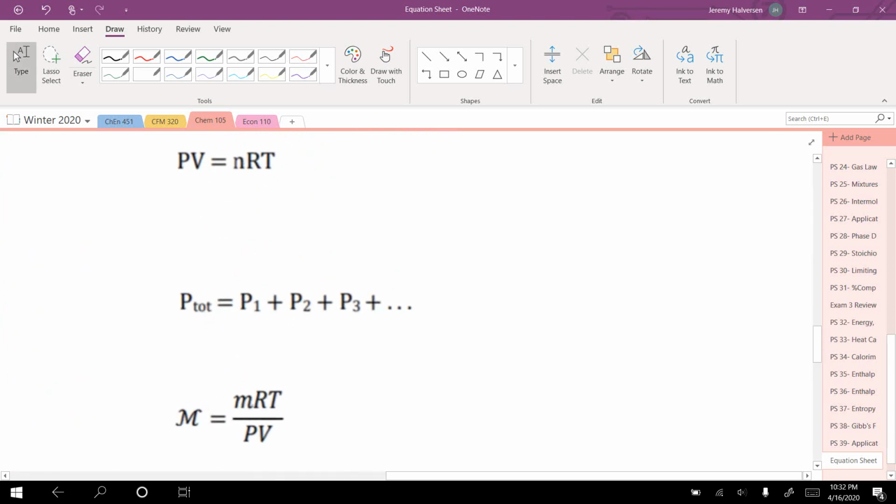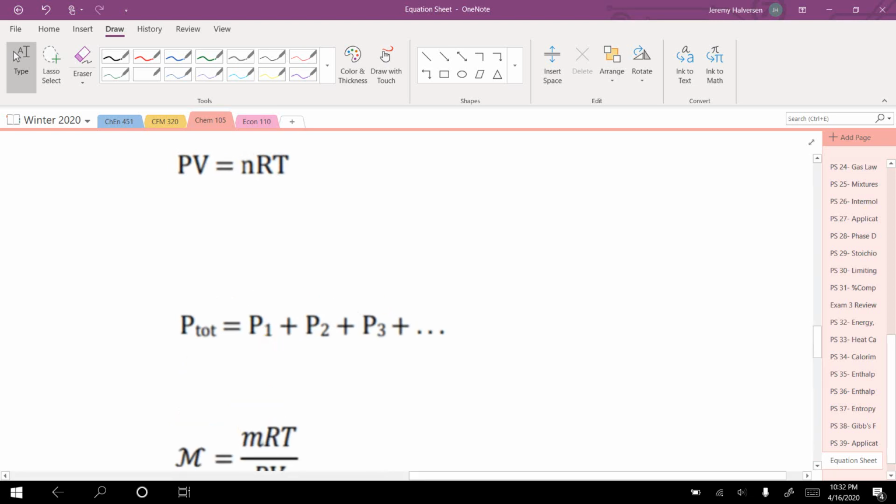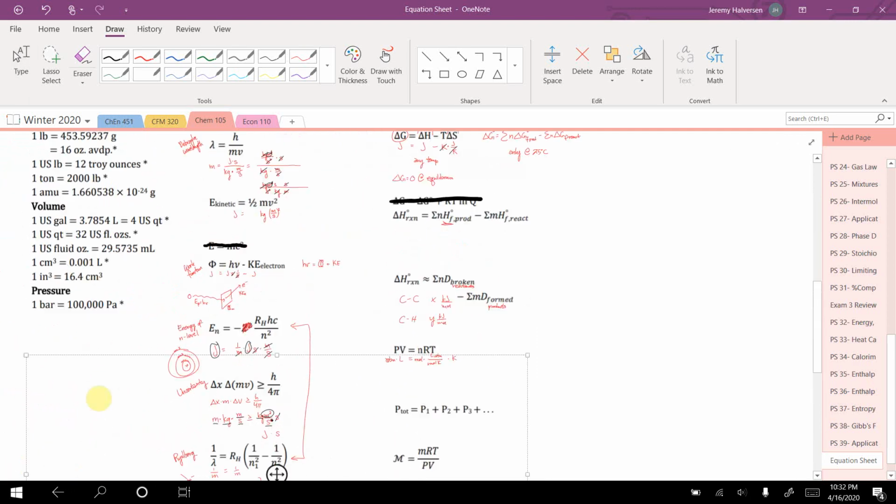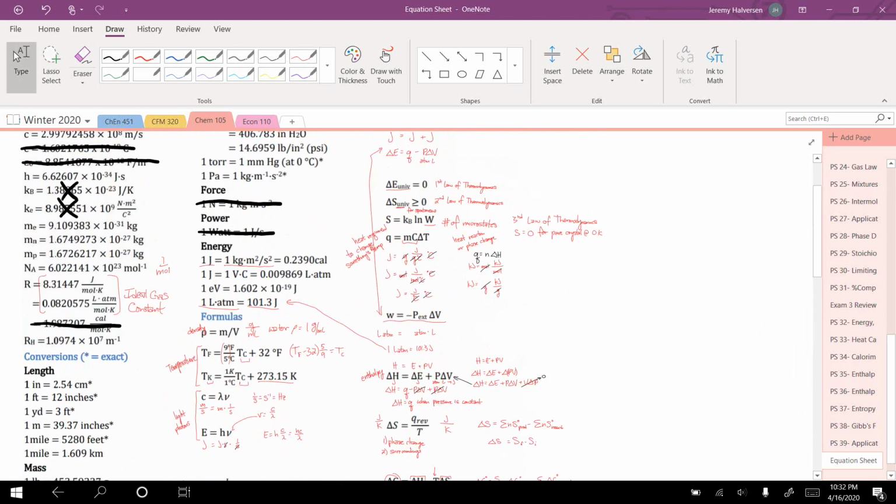That brings us to gases. So this is the ideal gas law. It says that pressure in atmospheres times volume in liters equals moles times R times temperature, which is in Kelvin. To make this work, we need an R value in liter atmospheres over mole Kelvin. Fortunately, we have one of those given, right? R value right here.